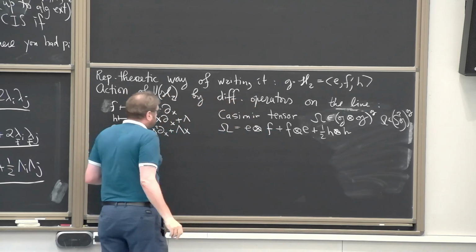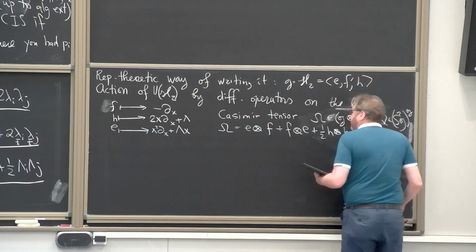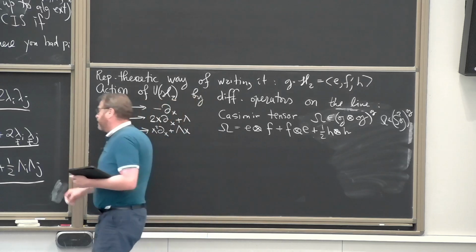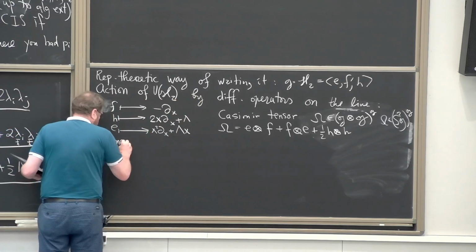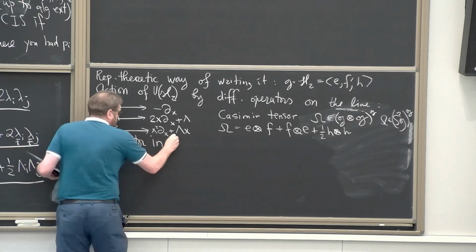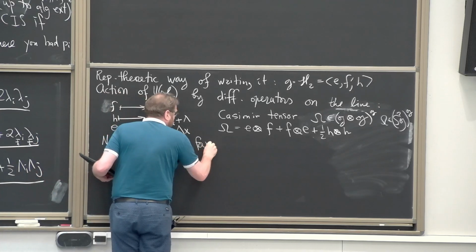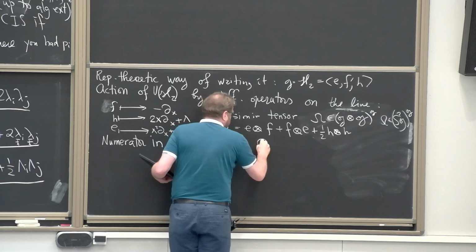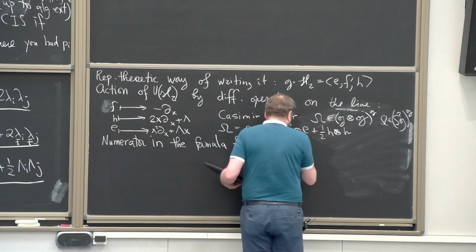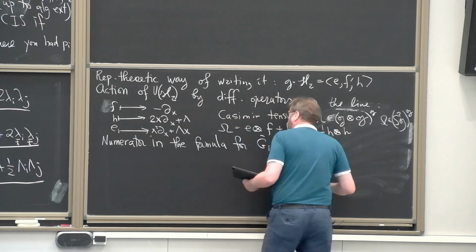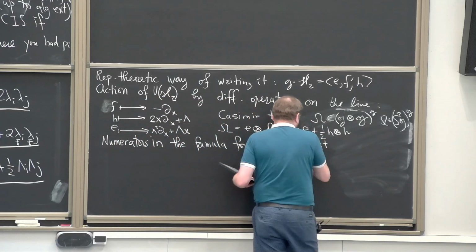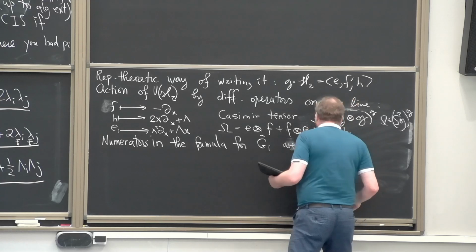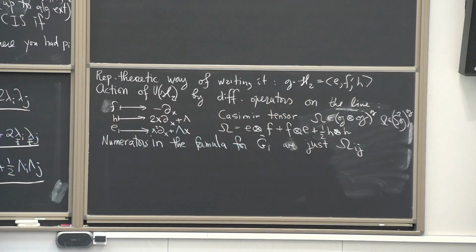And then this thing in the numerator for G_i hat is just, you can observe that this is just omega_ij. So this means omega acting on the i-th variable and the j-th variable.